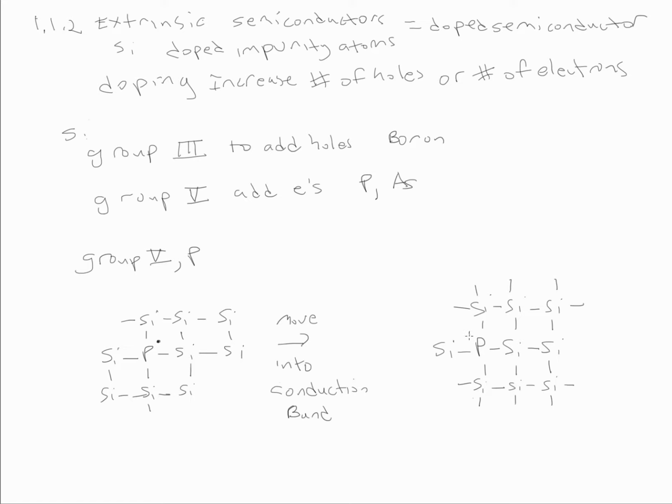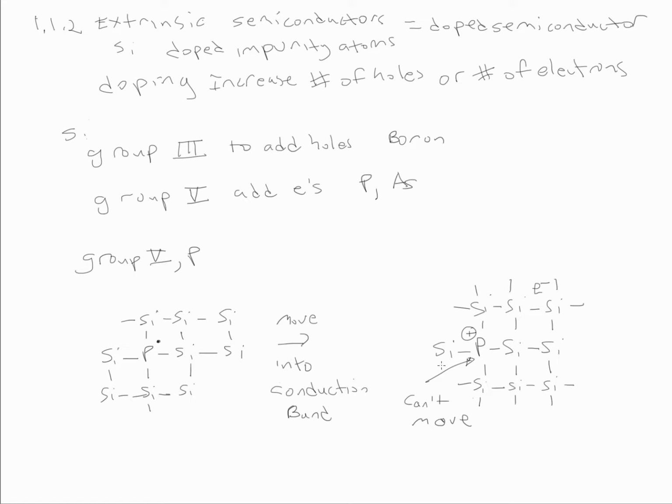If that electron moved into the conduction band, now this phosphorus would have a positive charge on it, and then we'd have some free electron floating around in the conduction band, okay? And this phosphorus ion and this positive charge can't move. It's stuck there. So it's not free to move around at all.